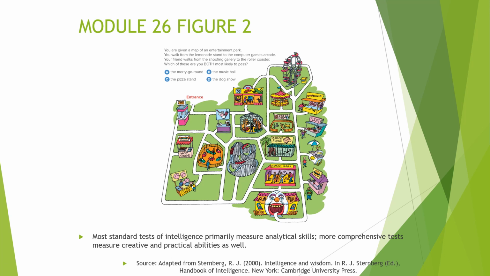So again, you are at the lemonade stand, if I can find the lemonade stand. Okay, here we are. You're at the lemonade stand, and you need to go to the computer games arcade. Now, where is the computer games arcade? Okay, I see it over here. Your friend goes from the shooting gallery to the roller coaster. Which of these are you both most likely to pass?